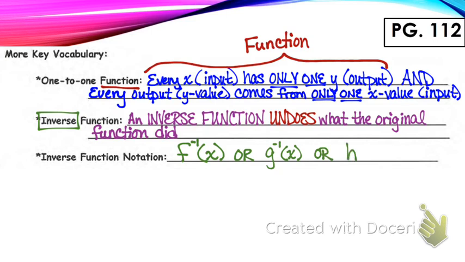You might see that with h of x. When you see that little -1 right there, it doesn't actually make anything negative usually, but it does tell me that this one undoes what the other one with the same name is doing.